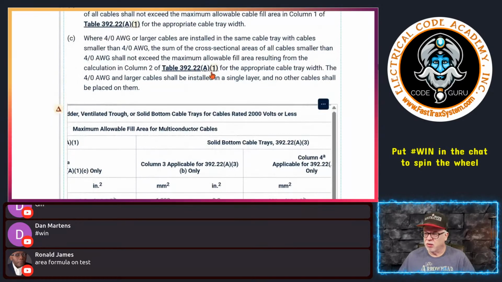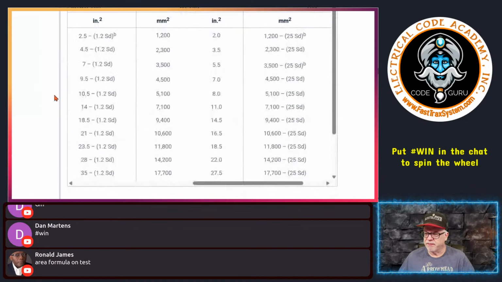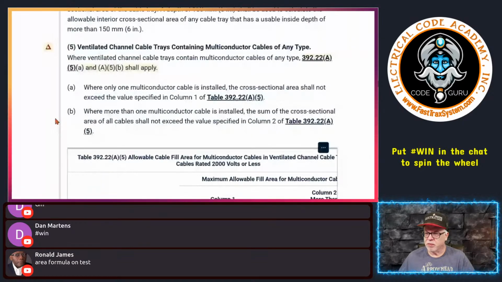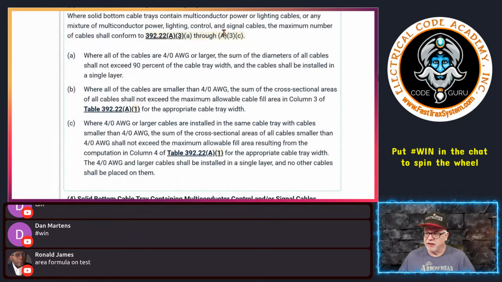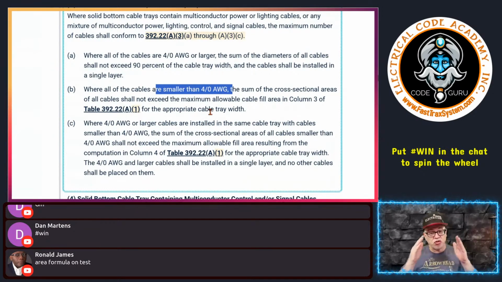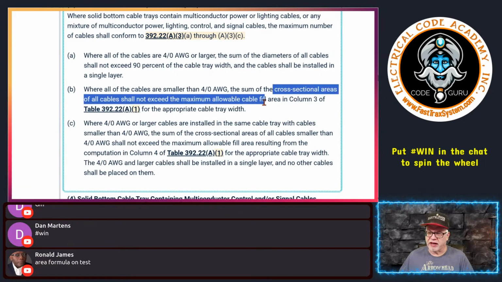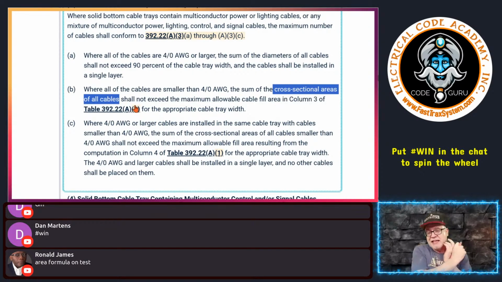So up here, when we're doing the math, we go back down to where we were, the solid bottom, right? Solid bottom right here. Then it's telling us that where the cables are smaller than 4/0, if it was a 12-inch inside width cable tray, I couldn't exceed 11 square inches, okay? And I have to come up with the cross-sectional area, and we do that just like I did earlier. As long as I know the diameter, then I'm good to go.